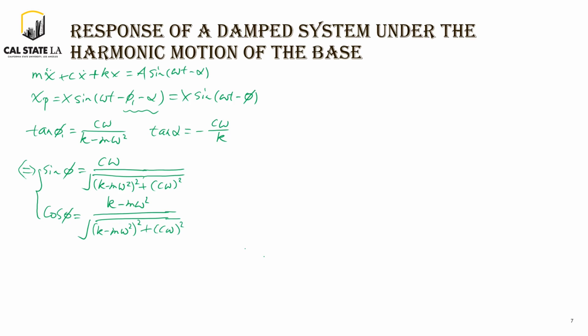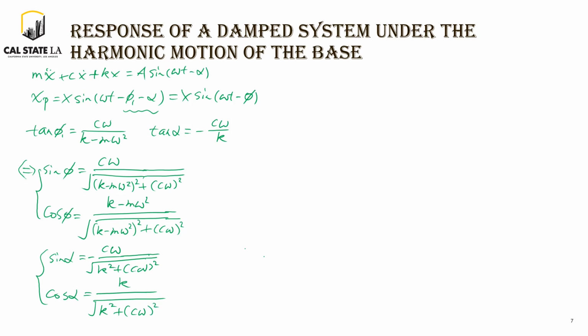At the same time, sine alpha is equal to negative c omega over the square root of k squared plus c omega squared. And cosine alpha is equal to k over the square root of k squared plus c omega squared.